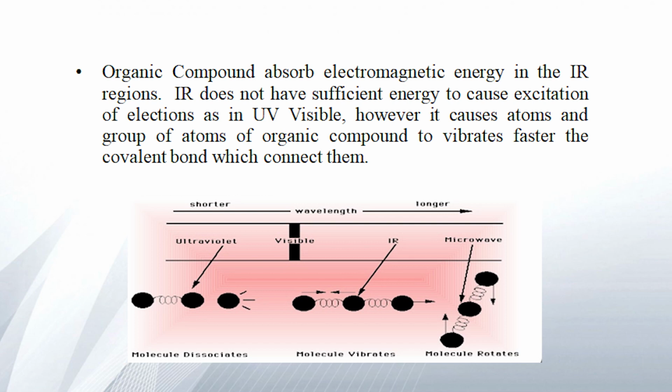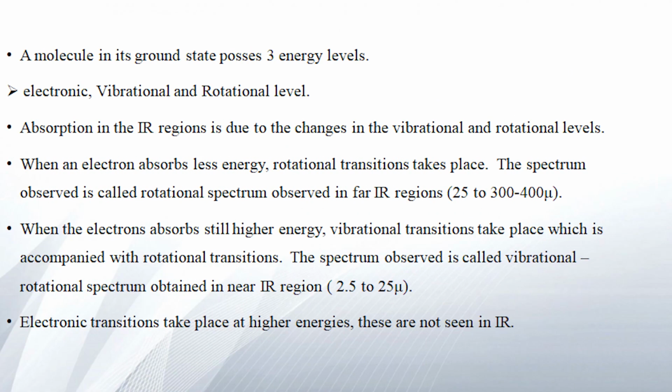So the molecule absorbs the IR radiation and moves from the ground state to the excited state only in the vibrational mode. So IR spectroscopy is otherwise known as vibrational spectroscopy. Molecules in the ground state possess three levels of energy: electronic energy level, vibrational energy level and rotational energy level. Absorption in the IR region is due to changes in the vibrational and rotational levels.